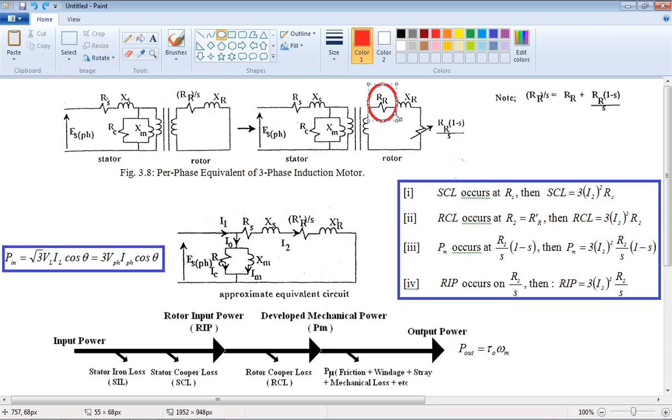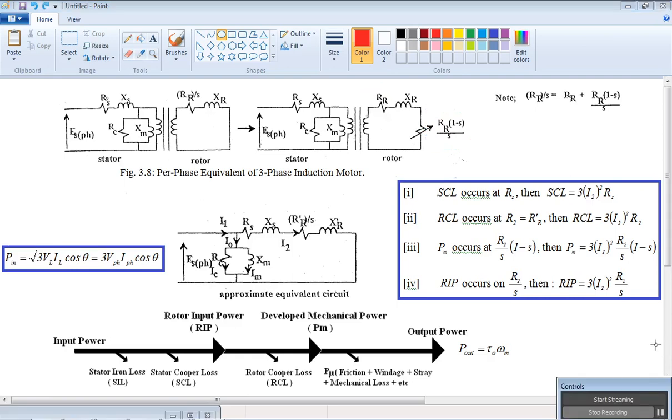Then the remaining power after considering the rotor copper loss is called the developed mechanical power or PM, also known as induced power or converted power. So the PM mechanical power will occur here. The equation is 3 I2 squared R2 over S times (1 minus S).